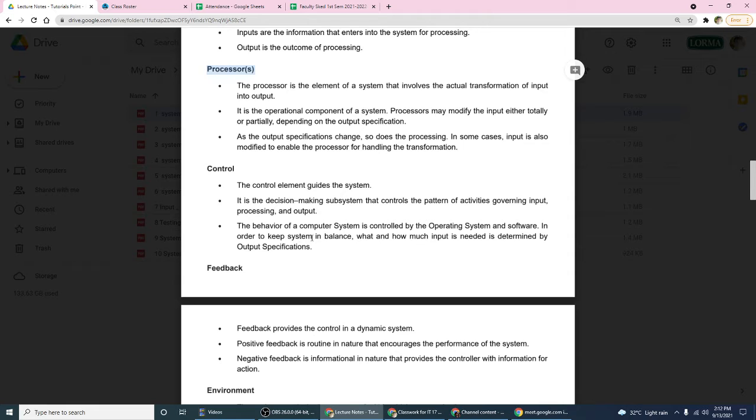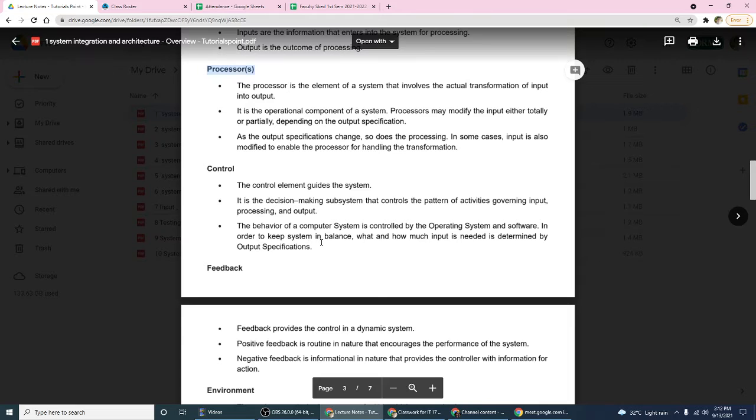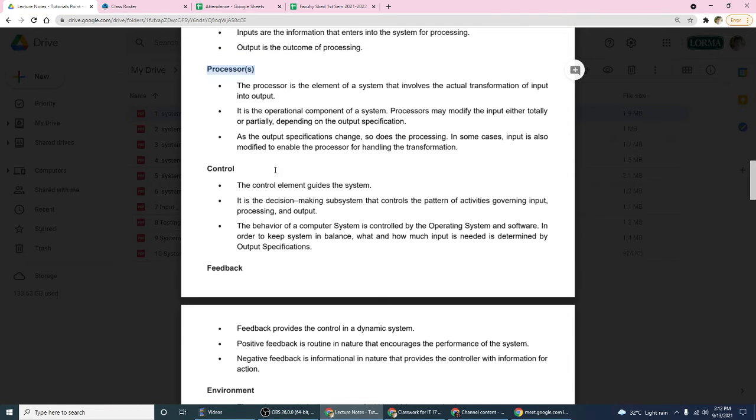In order to keep the system in balance, what and how much input is needed is determined by the output specifications. For the controls, in other references, they call it the hardware. Okay? And in other references, the operating system. In other references, the application itself or the system itself. So those are the controls.